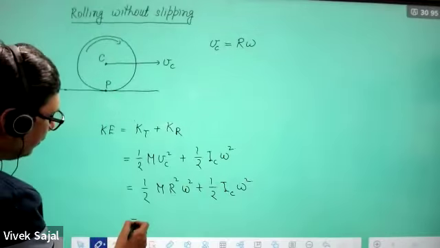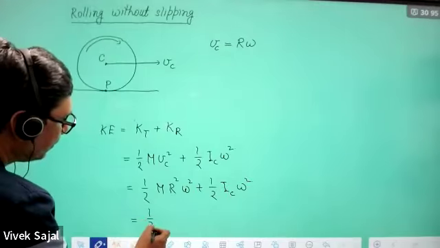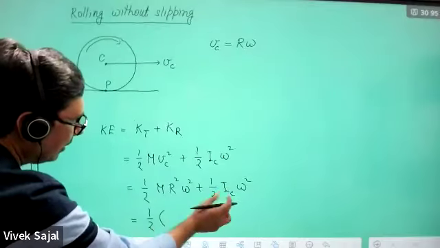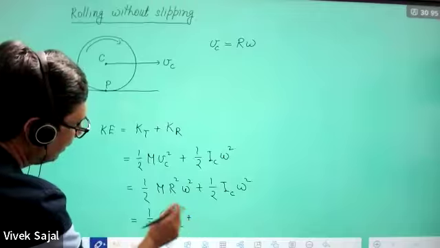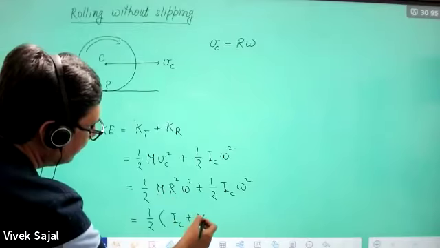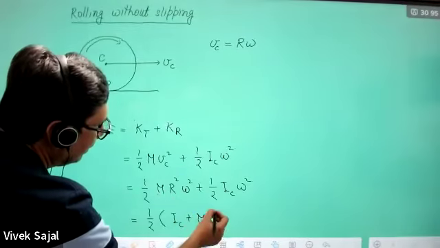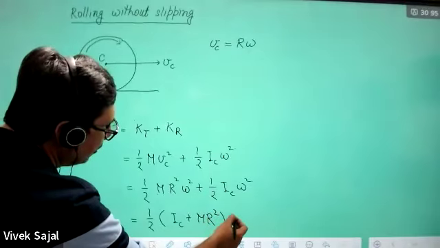If you take 1 by 2 and omega square common, first I'm writing IC, plus second MR square.